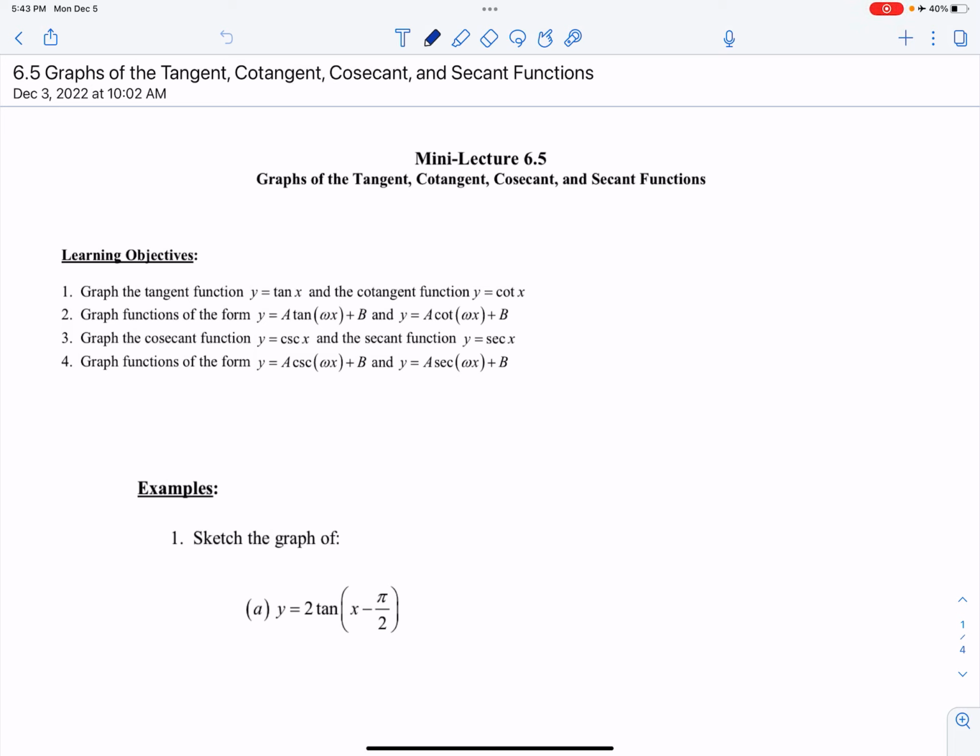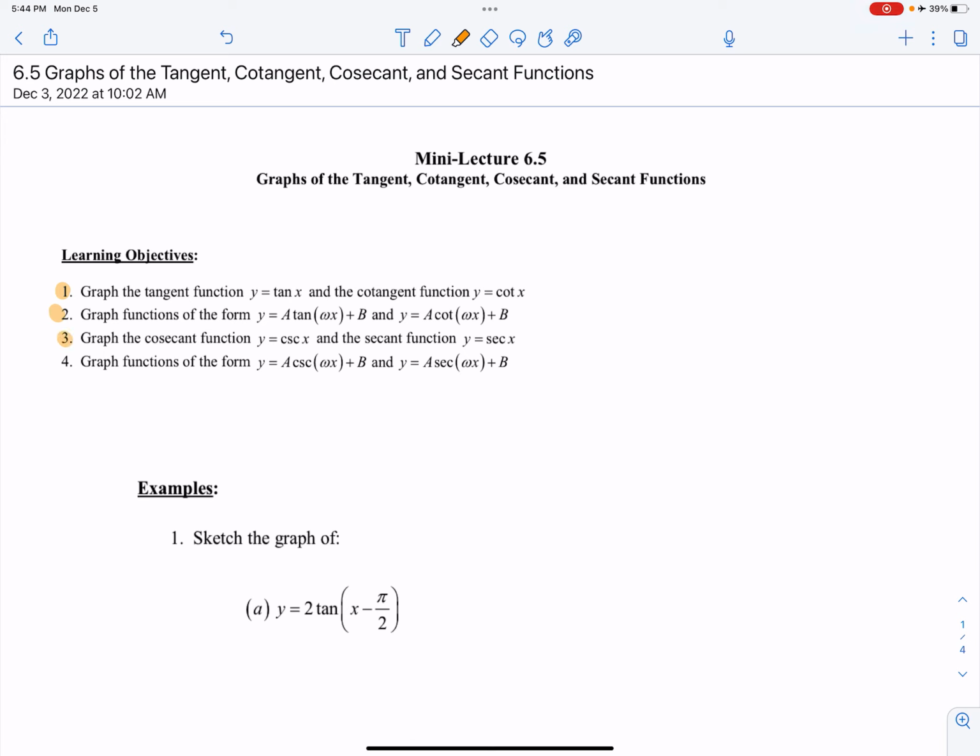Welcome to section 6.5. We're looking at the graphs of tangent, cotangent, cosecant, and secant functions. Some of our objectives in this chapter are to graph the tangent function, y equals tangent x, and the cotangent function, y equals cotangent x. Graph functions of the form y equals a tangent omega x plus b, and y equals a cotangent omega x plus b.